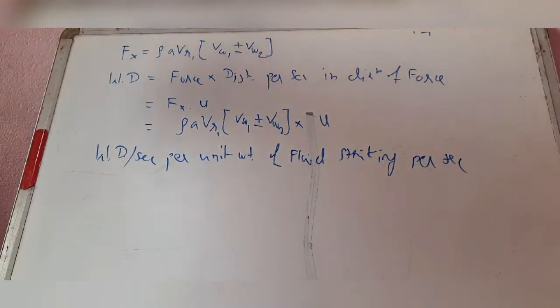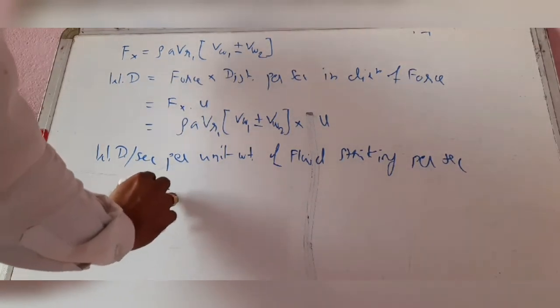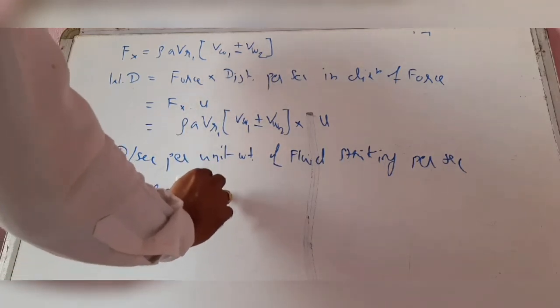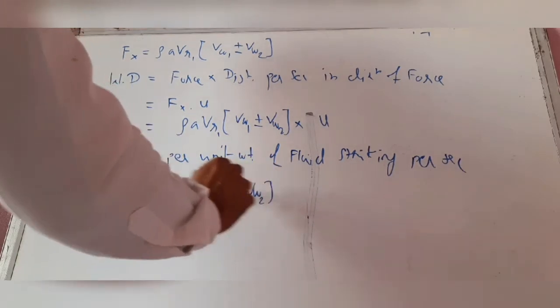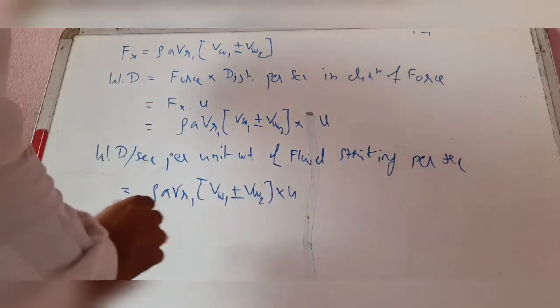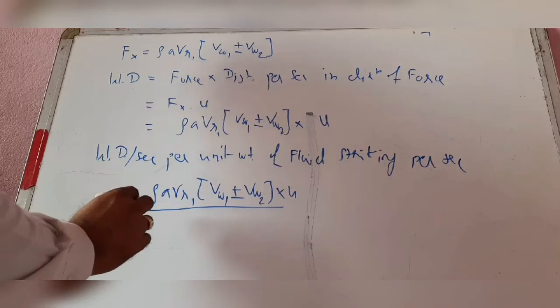This comes rho A VR1 into VW1 plus minus VW2 into U, that divided by weight of fluid striking per second.